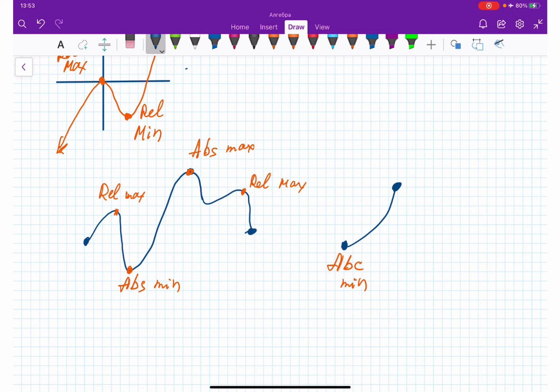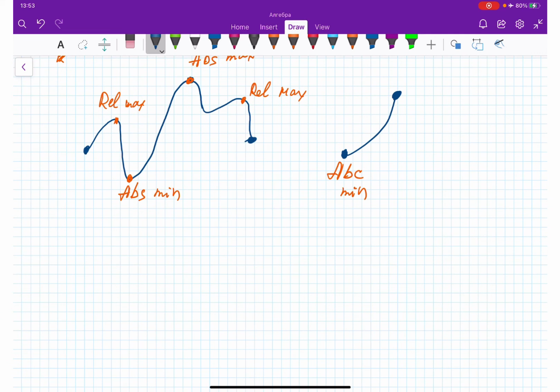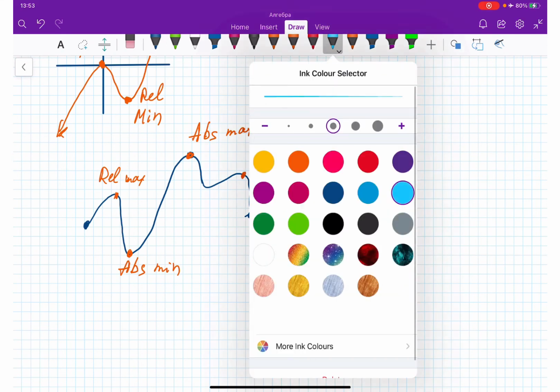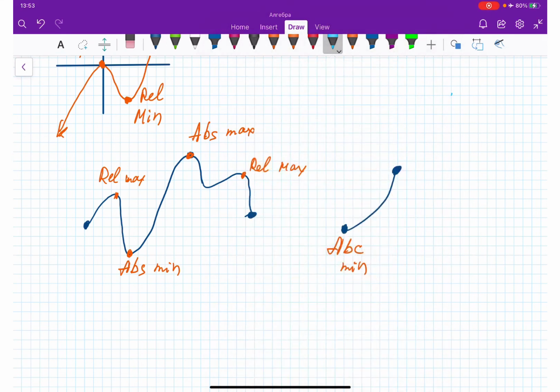So what is interesting, when we have a maximum, let's say this maximum, our slope is going to be flat, right?